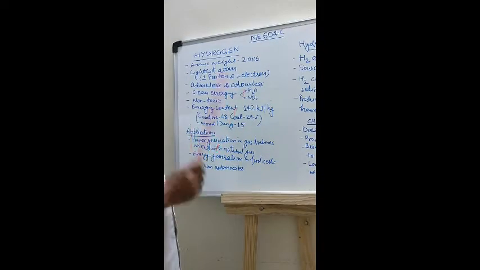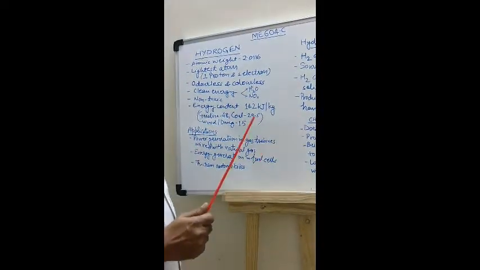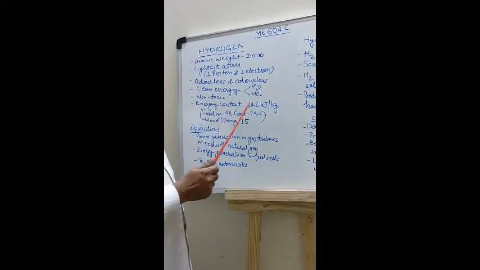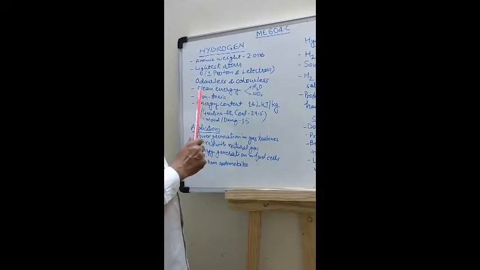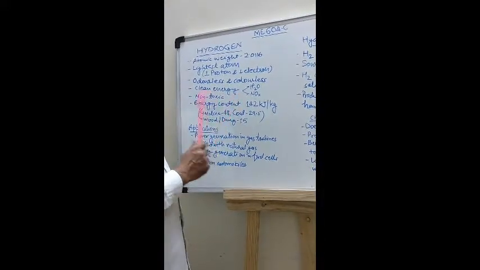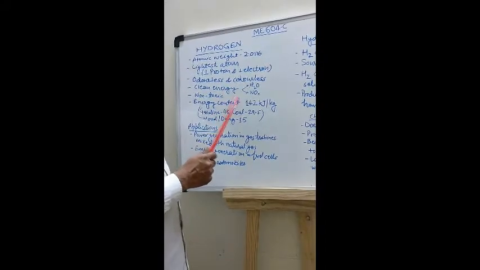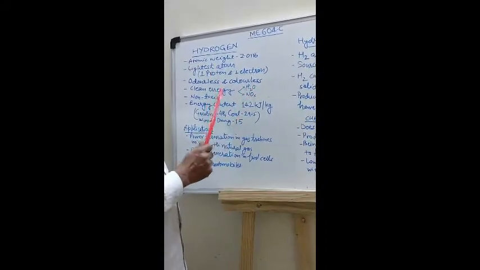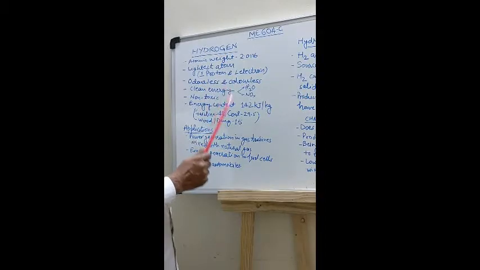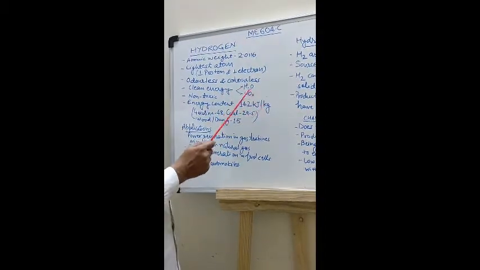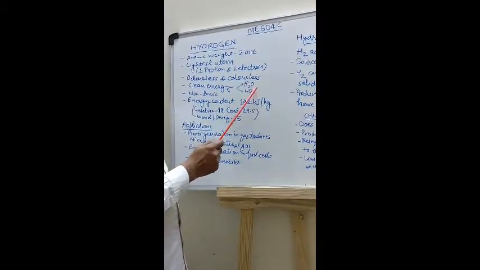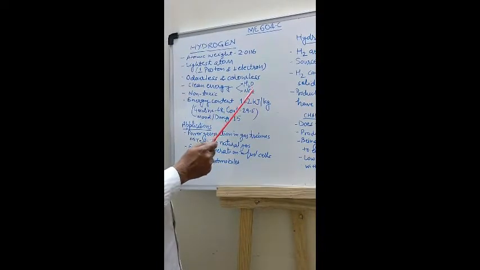Number 2, the second important parameter which makes hydrogen most suitable for energy generation is that it is clean energy. The only product of combustion of hydrogen is H2O. That means when combustion of hydrogen takes place with oxygen, the only product is water, and that is environment friendly.